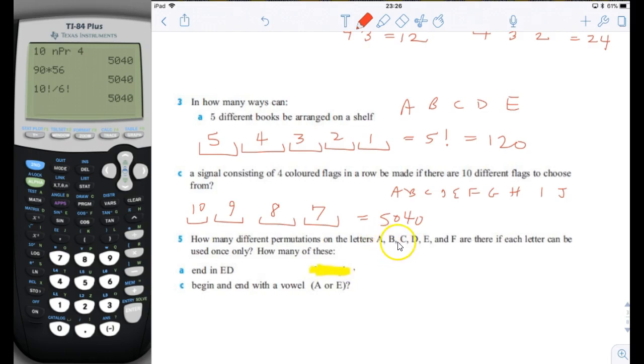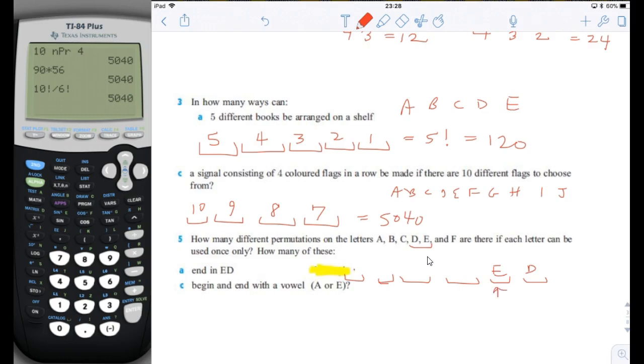So, in the first case, how many different permutations would end in ED? Well, if you are saying that the permutations you want end in ED, that means that the last 2 positions you already know are ED, and you know that they're not being used in the other positions. How many other positions are there? There's 4 other positions, right? Because there's 6 positions total.